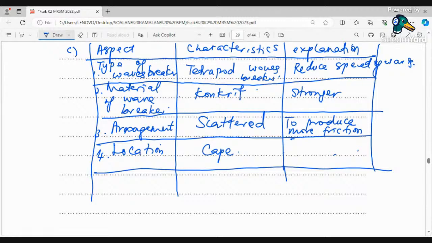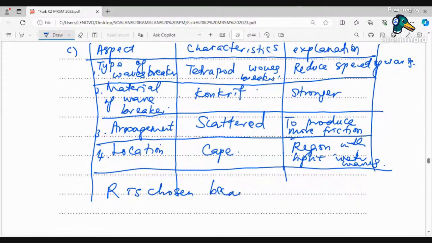Okay, location ialah Cape. Kenapa? Sebab dia adalah region with high water wave. Okay. Jadi pilihan you kat mana? Tulislah pilihan you. R is chosen because you salin je balik sini.